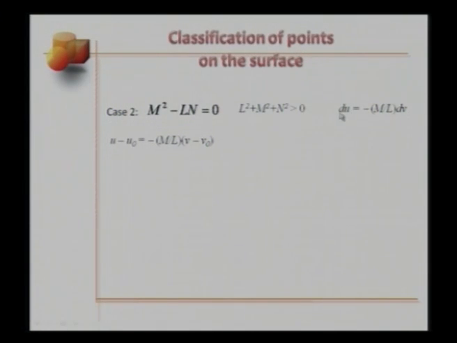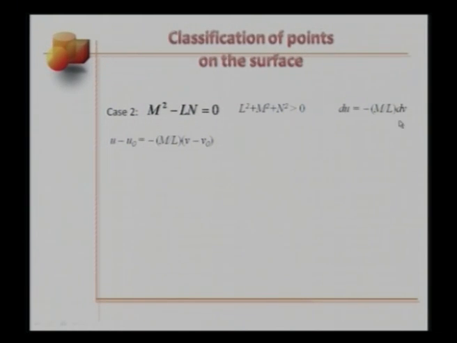I can write du as u minus u0, and dv as v minus v0, where, if you recall, point P was the position vector corresponding to parameter values u sub 0 and v sub 0.